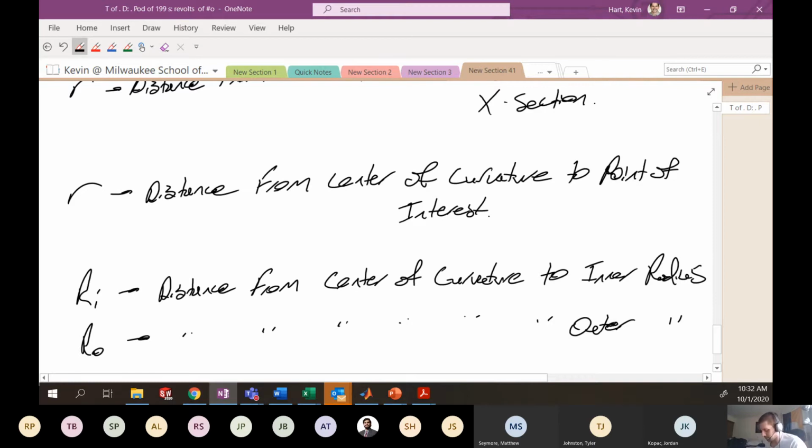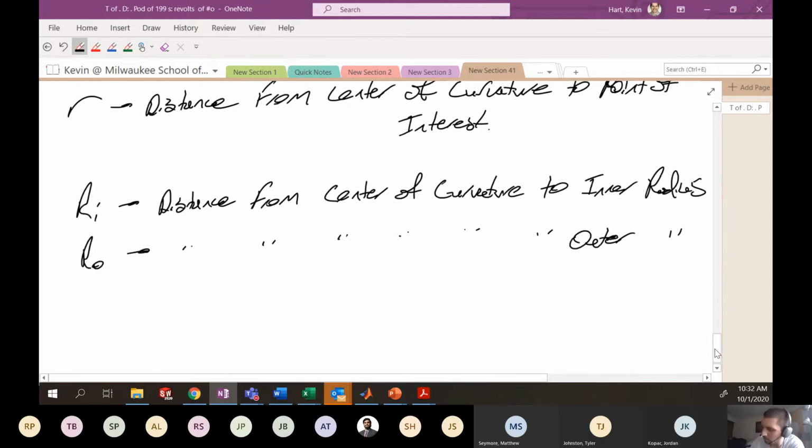And we have one last thing that we want to define, and that is the location of the neutral axis on this cross-section. Now, that requires good knowledge of what the neutral axis is. Remember, the neutral axis in a cross-section is the axis where we have zero stress and zero strain. So lastly, we have R NA, which I have not drawn on the picture yet.